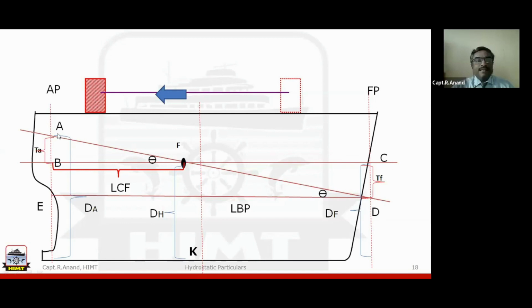There, what we did was we equated these two triangles ABF, where AB represented the change in aft draft, or the correction to aft draft to get hydrostatic draft. So the formula became trim into LCF by LBP. Okay, we have done this in the previous week, so that's the reason why I have not brought it back again. The same way, can anybody recollect and tell me what is the formula for calculating TF?